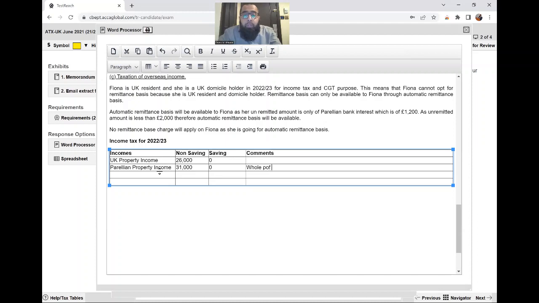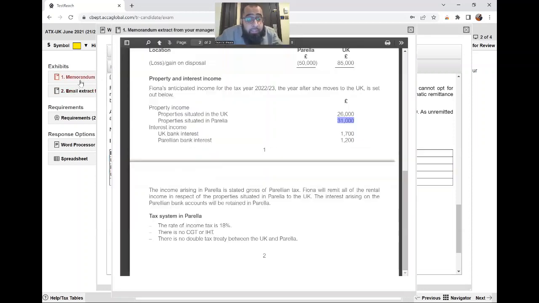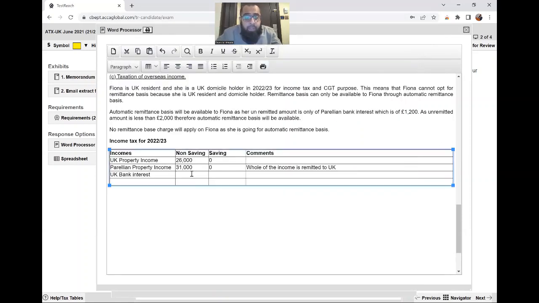Whole of the income is remitted to UK. Then we have UK bank interest. How much is the amount of UK bank interest? If you look at it, UK bank interest is 1,700. Okay. So UK bank interest will go in saving income, and there is parallel bank interest, but it will not appear.